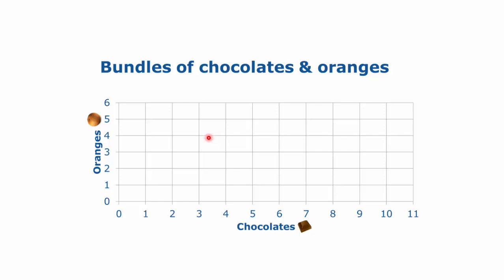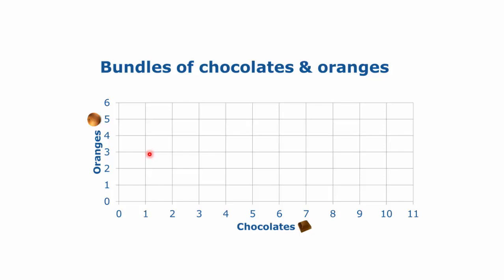So let's first take a look at the space within which we're going to be operating. On the vertical axis, I have the quantity of oranges. On the horizontal axis, the quantity of chocolates. What's very important to be able to visualize is that every single point in this space represents a bundle of consumption.